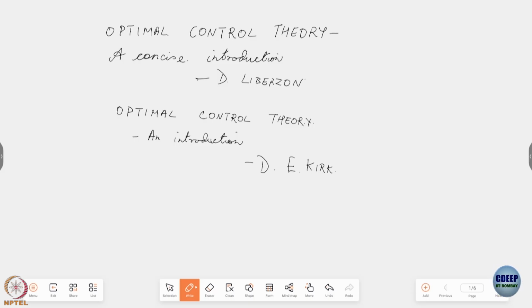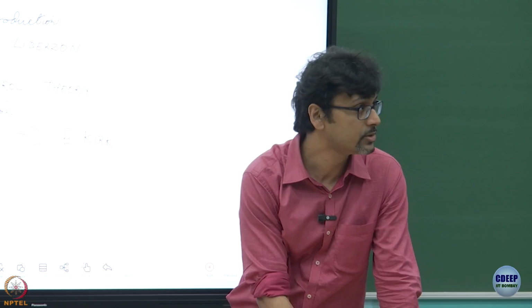By Kirk. Okay, so this one is primarily for solving problems, this one mainly for following up on the theory that we cover in this particular course. So get hold of these books. I'm sure you'll find copies in the library or otherwise. You can also think of procuring. I think this one, a preliminary version, is available freely online, shared by the author himself. So you don't have to break any legal barriers to get hold of this.